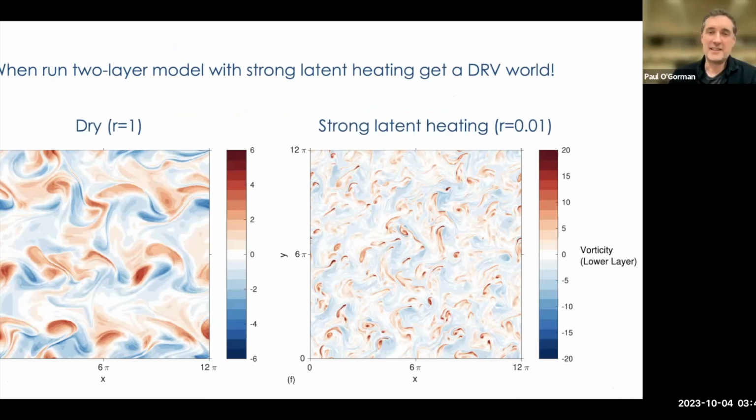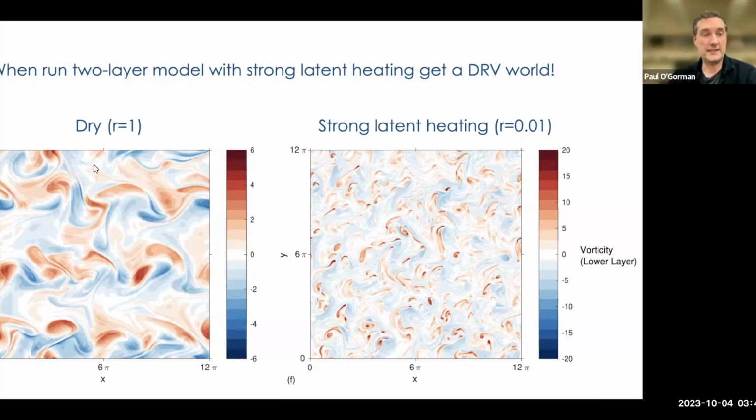Okay, lastly, I want to show some examples of when you run this tilted, or untilted actually gives somewhat similar results, in a tilted two-layer model with strong latent heating. So on the left, I'm showing the relative vorticity in the lower layer, a snapshot from a simulation. So we're not talking about unstable modes anymore, just running it forward with drag and radiative cooling and so on.